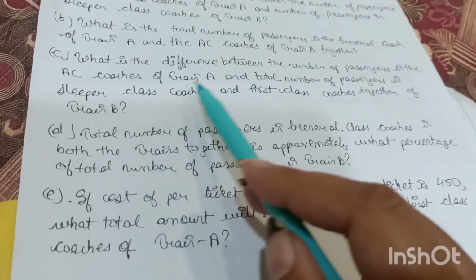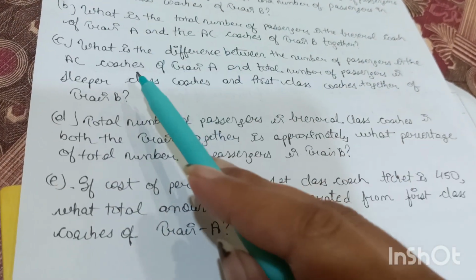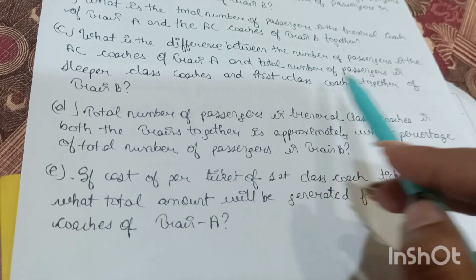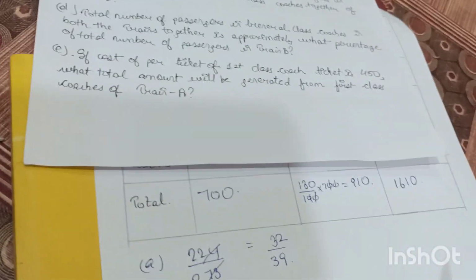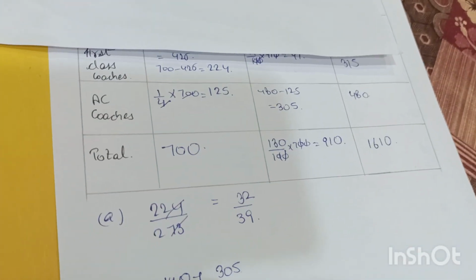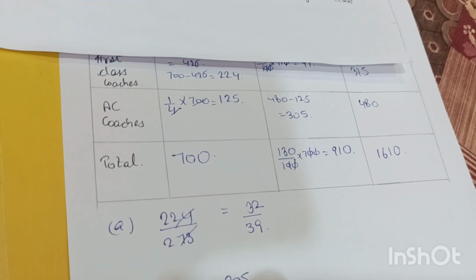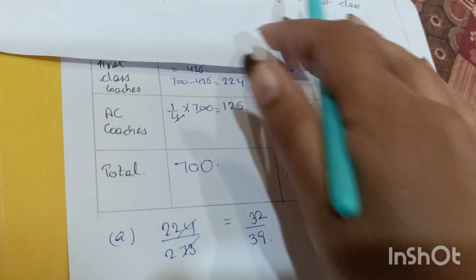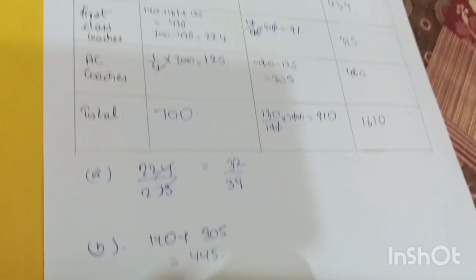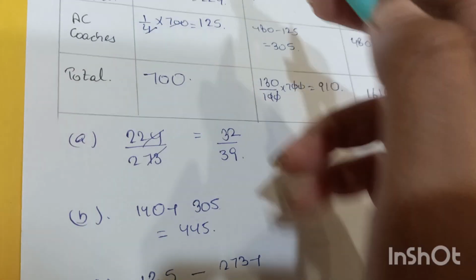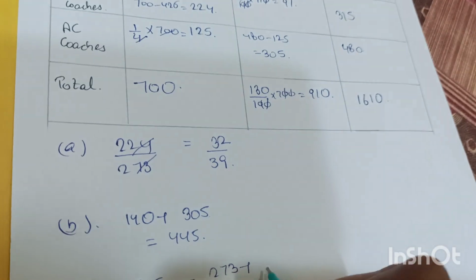So now let's see what is the difference between the number of passengers in AC coaches of train A and the total number of sleeper class and first class together in train B. So AC class in train A is 175 minus the total passengers of sleeper class in B, 273 plus first class in train B, it is 91.